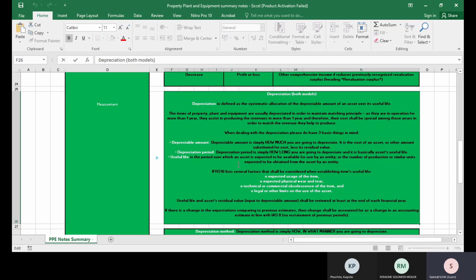You prospectively adjust, meaning you adjust the current period, but you don't adjust the prior period, meaning you don't retrospectively adjust. So that's a change in estimate.